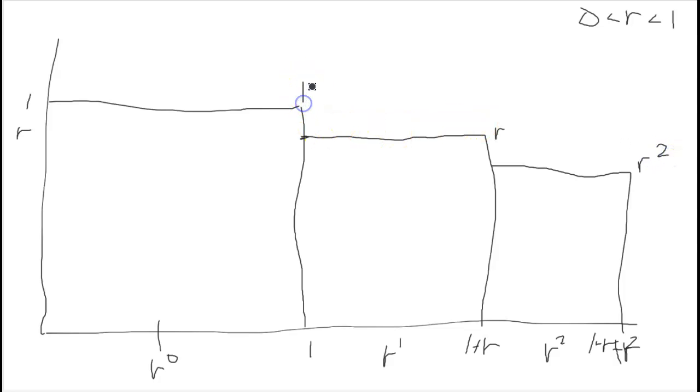Over here, 1, 1, right? Height r, but the x coordinate is 1 plus r, the y coordinate is r. The x coordinate is 1 plus r plus r squared. The y coordinate is r squared.